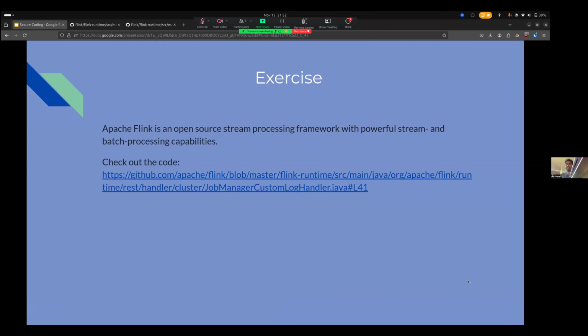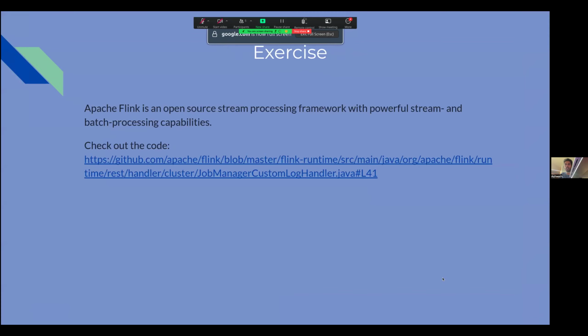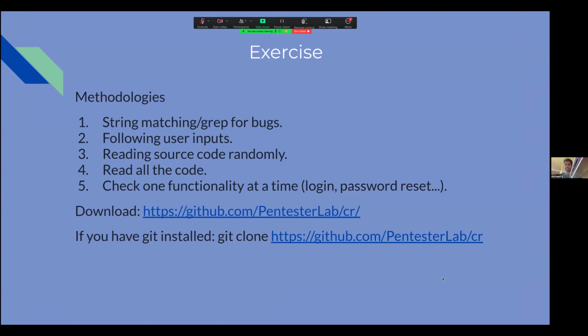So now I think we are well equipped to go back to this exercise and read the code. The first thing I would say is do not get intimidated by the code. One reason you could be intimidated is that you're seeing it for the first time, but most of the time if you're working in a corporate environment, you're looking at new code all day. Try to reduce the code into an abstract functionality, then look at how that functionality could be exploited, and then how it could be improved.